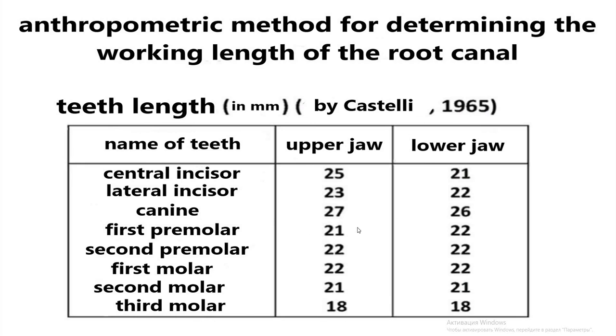First premolar: upper jaw 21, lower jaw 22. Second premolar: upper jaw 22, lower jaw 22. First molar: upper jaw 22, lower jaw 22. Second molar: upper jaw 21 and lower jaw 21. And third molar: upper 18 and lower jaw 18 millimeters.